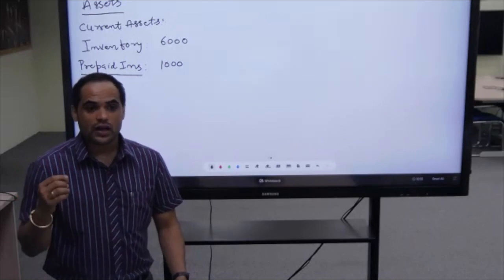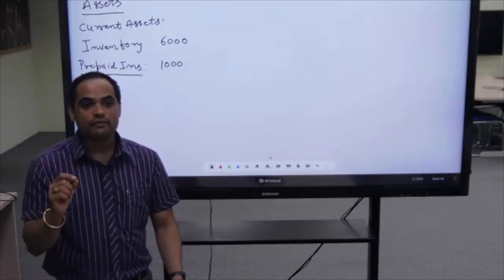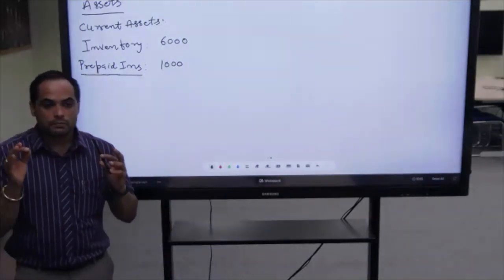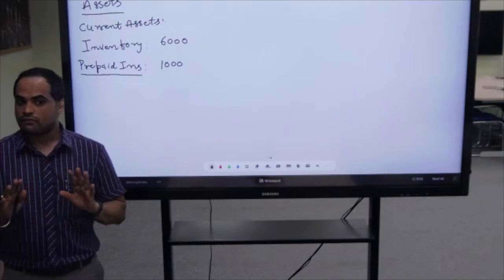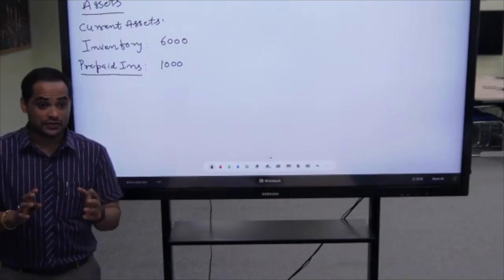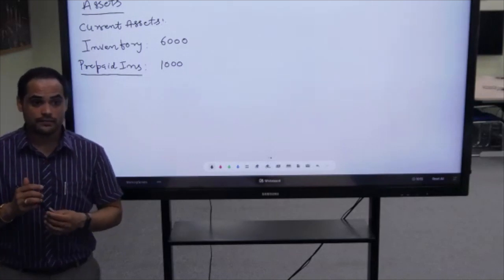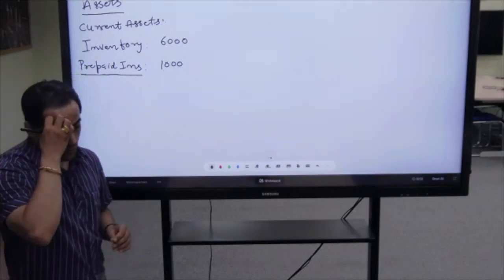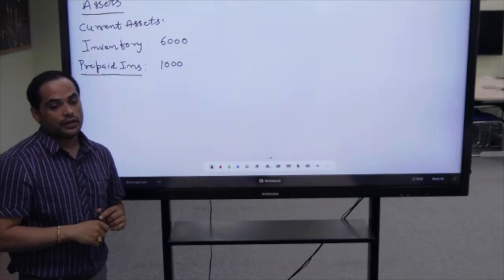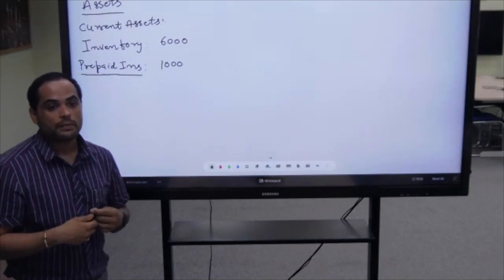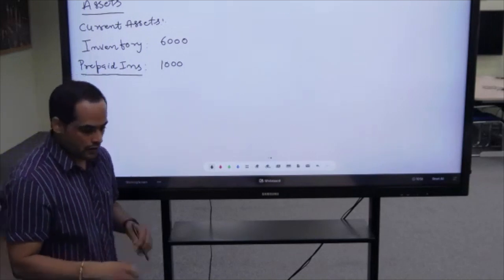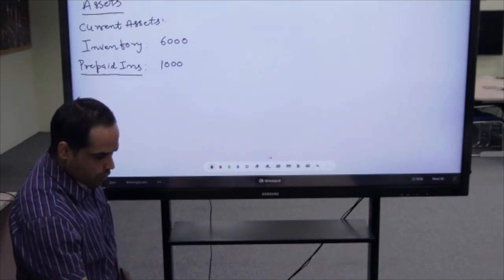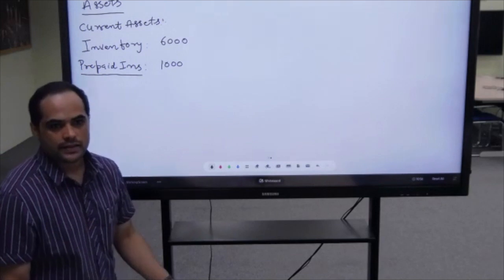So consider 1,000 as your prepaid insurance, not 5,700 or 6,700 as per your trial balance. All right. So keep that. After prepaid insurance, what do we have? What is next?